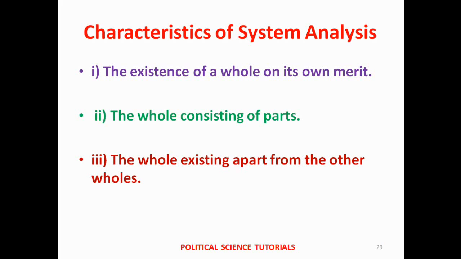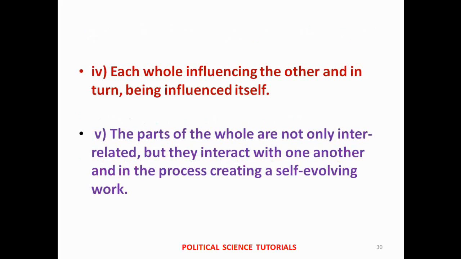The characteristics of the systems analysis approach can be put in these points. The existence of a whole on its own merit. Second, the whole consisting of parts. Third, the whole existing apart from the other wholes. Fourth, each whole influencing the other and in turn being influenced itself.